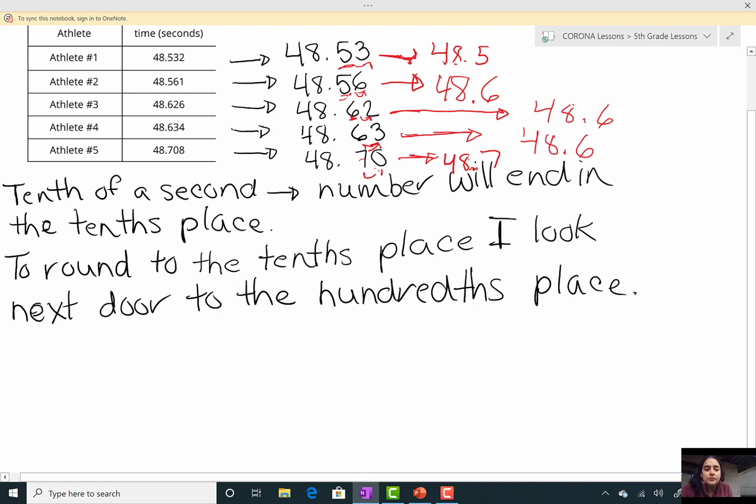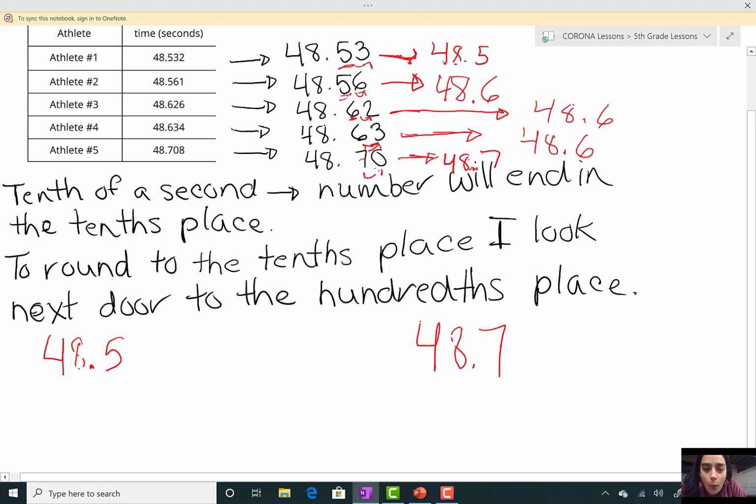Athlete 1 has a time of 48 and 5/10. Okay, I'm going to put athlete 1 on the bottom here. Athlete 5 has a time of 48 and 7/10. So they're 2/10 slower. But here's the problem.